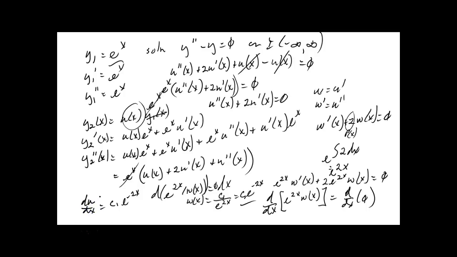Okay? So let's separate those. Du is equal to c1 e to the minus 2x dx, right? That would put u as being the antiderivative. C1's out front. What's the antiderivative of e to the minus 2x?